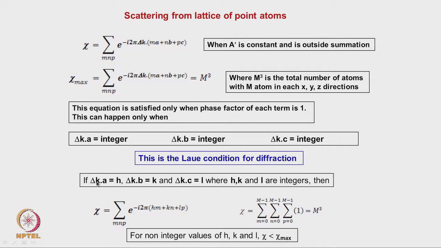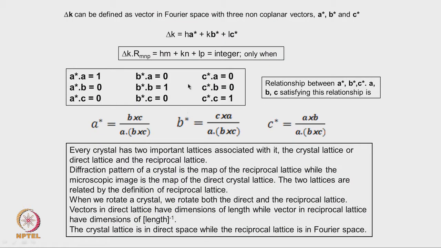If you remember, last time we derived that expression that delta k dot A should be equal to h, all these things which we have derived. Instead of delta k we wrote it as capital K, right. And we derived that expression that delta k should be h into A star plus all these expressions. The same derivations follow, which I had mentioned just some time back in the class.